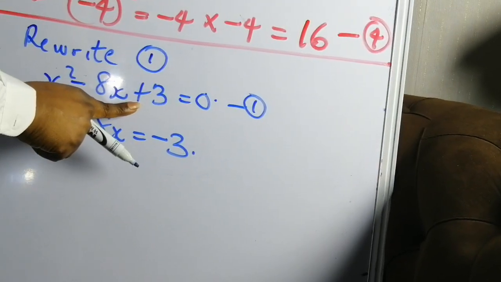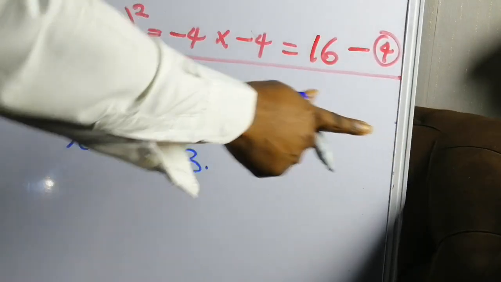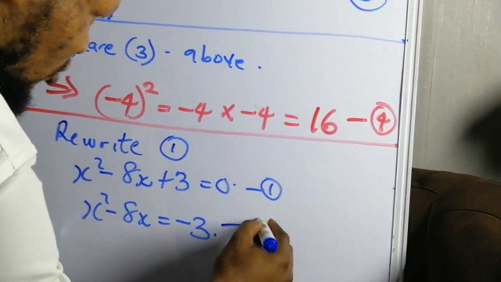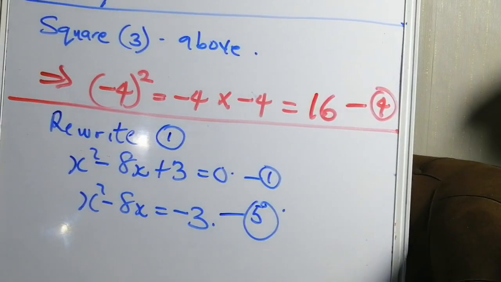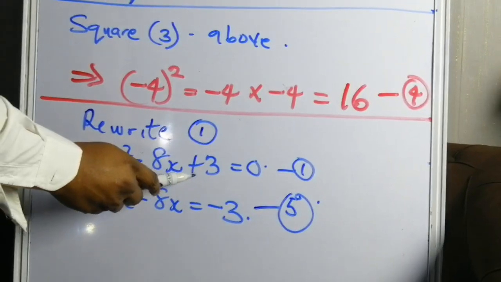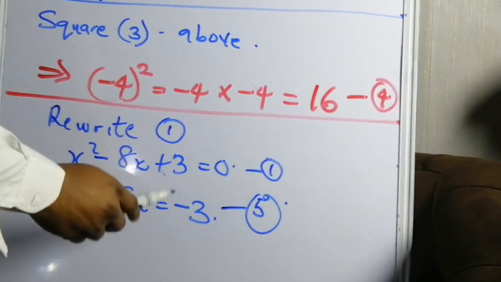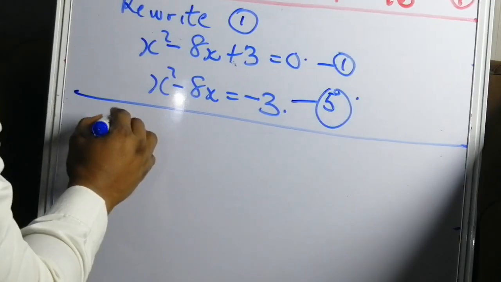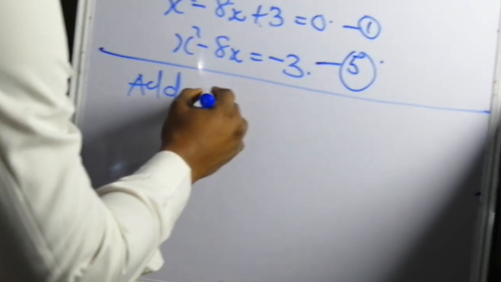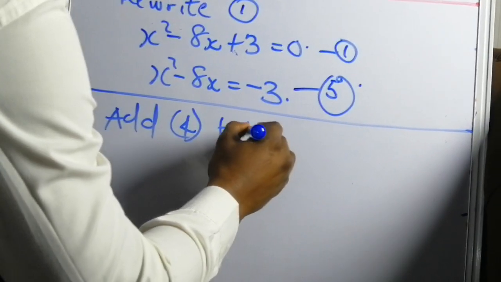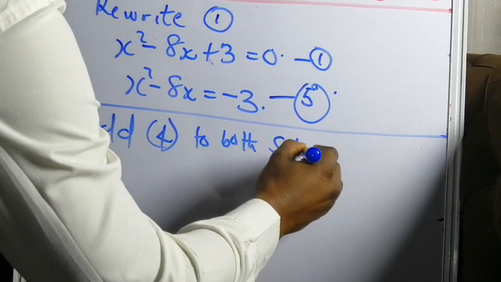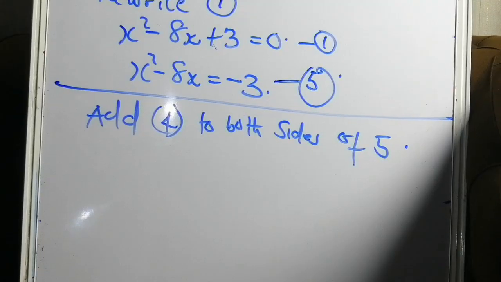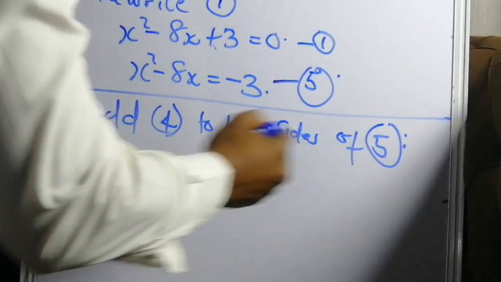I've told you, when plus is crossing the equal sign and moving to the right hand side, it changes to negative. So this is equation 5. All I'm doing is moving this value to the right hand side, and plus changes to negative. So what you now do is add equation 4 to both sides of equation 5.